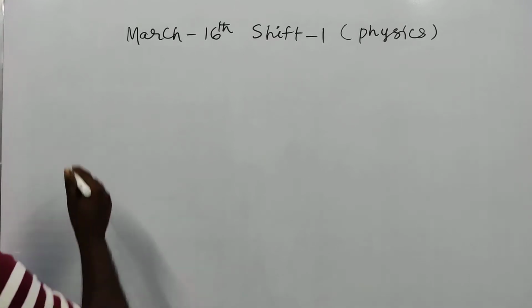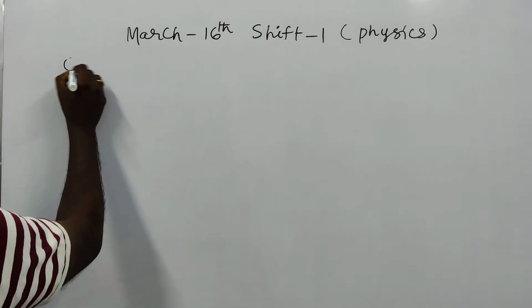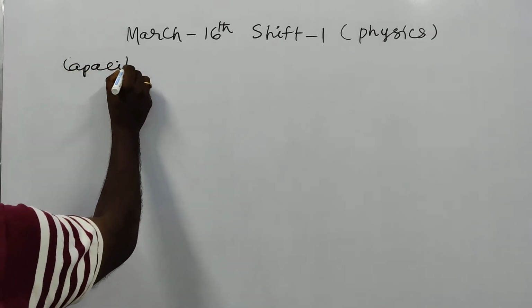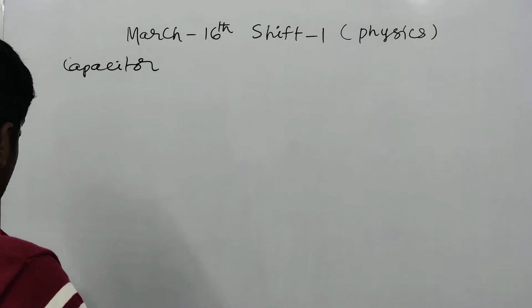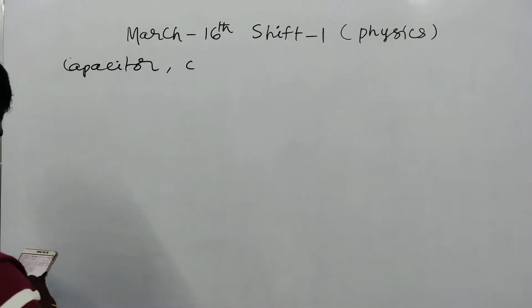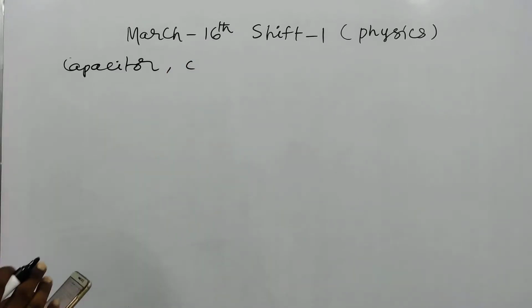The first question is a capacitor having capacitance C, area of cross section A, and the distance between the plates is D. Now a dielectric of constant K is placed between the plates as shown in the figure. Find the new capacitance.